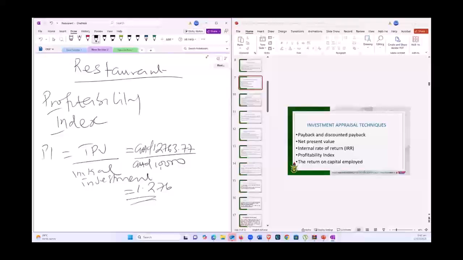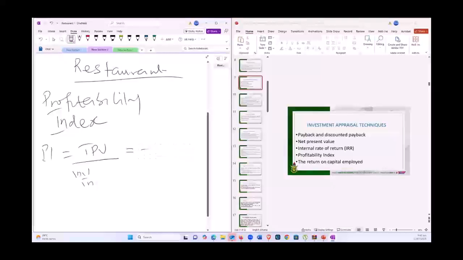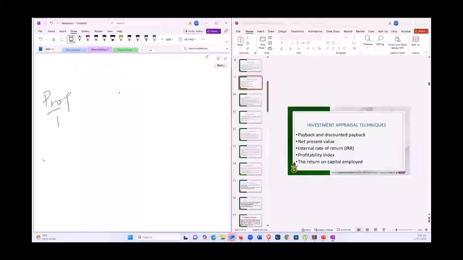Okay. Can I clean what I have here? Now we want to look at the return on capital employed.